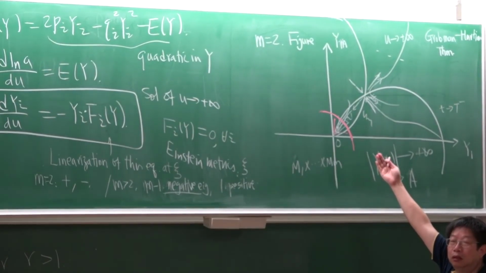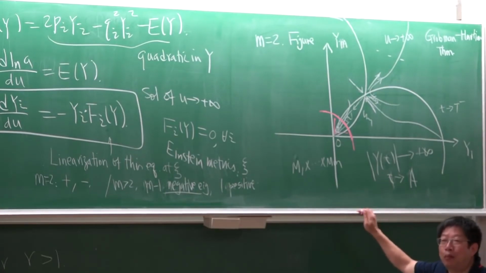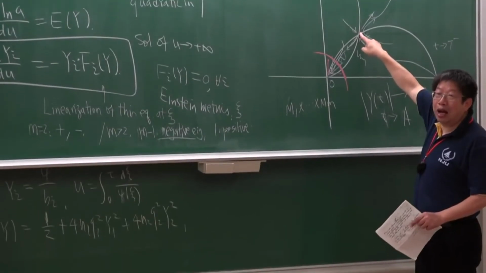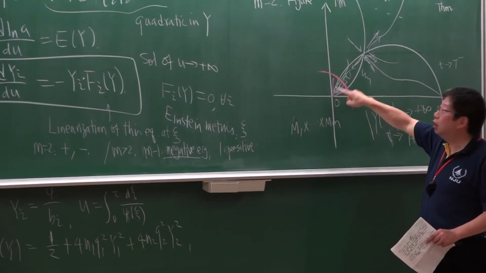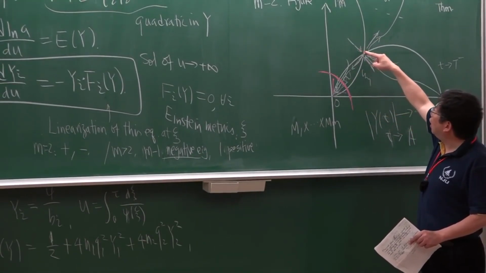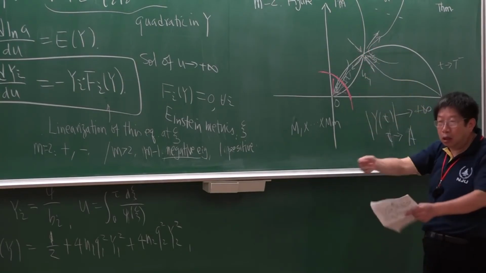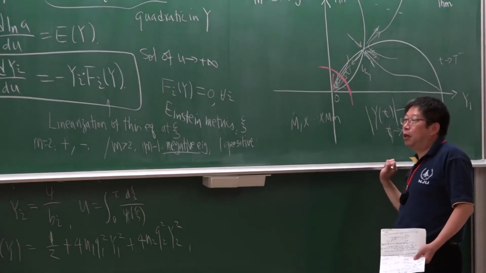It doesn't matter how close. If you are along this line, any point close to that will go to here. If you are on this line, any point close to that will go to here. It's because it's hyperbolic, which is natural for the ODE.